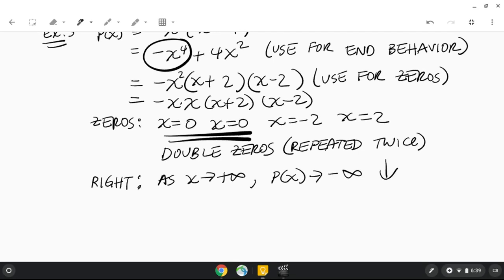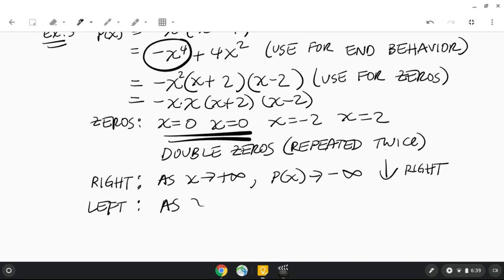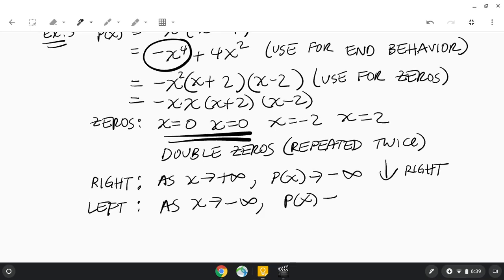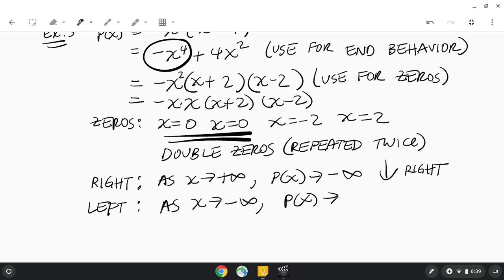Our left-hand behavior, that's as x goes towards negative infinity. If I plug in negative, I get a negative result. So on the left-hand side, we are also going to be going downward. Okay, so let's go ahead and graph this.